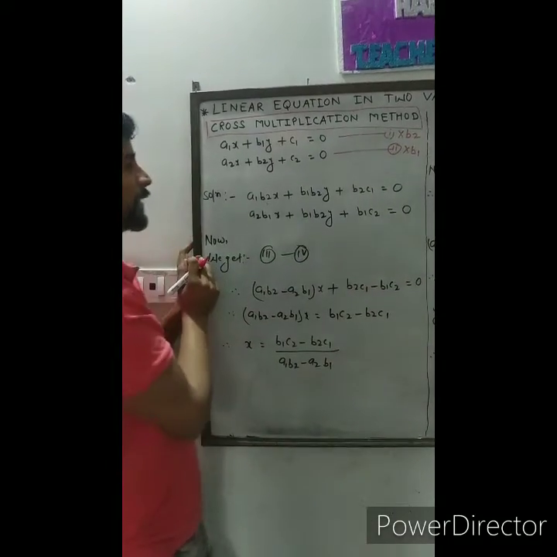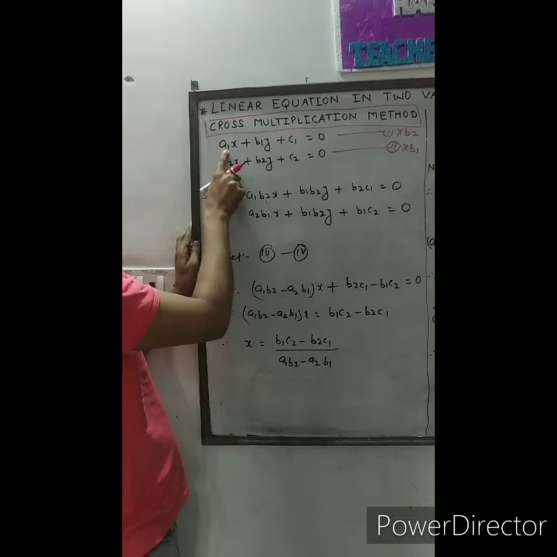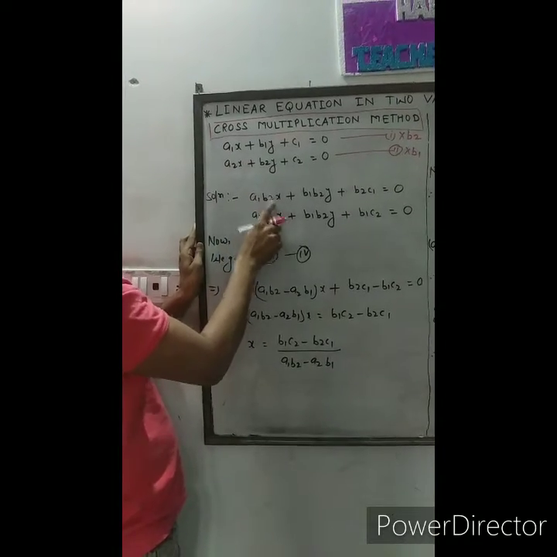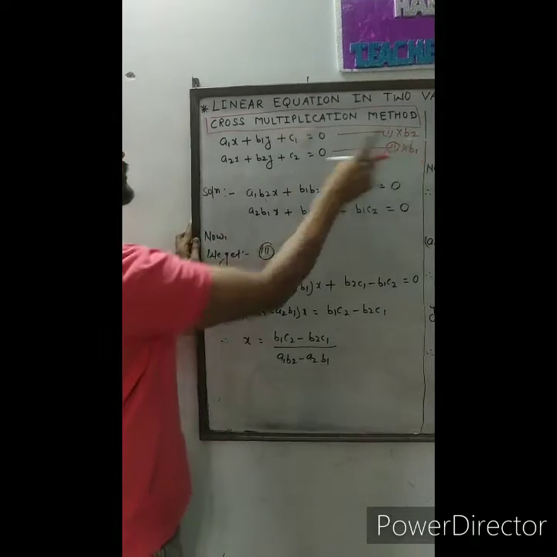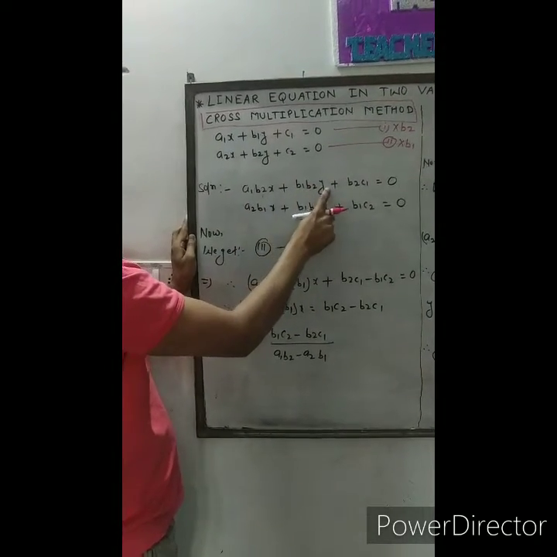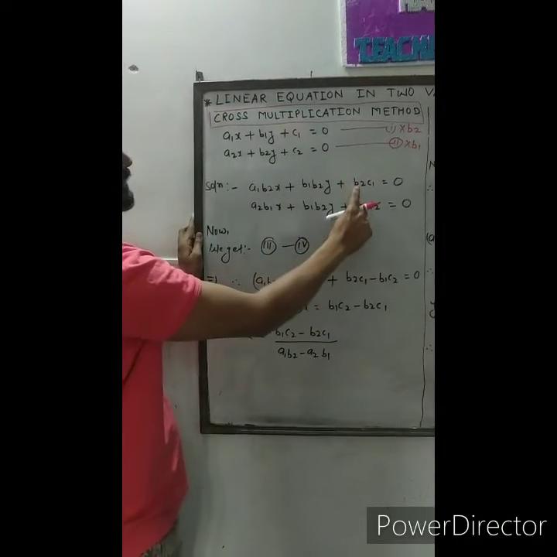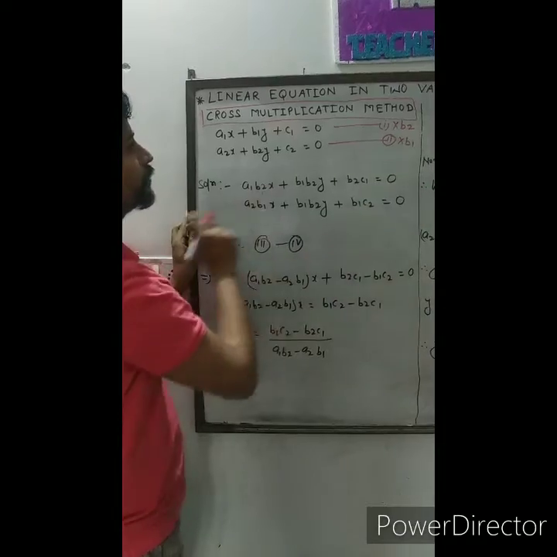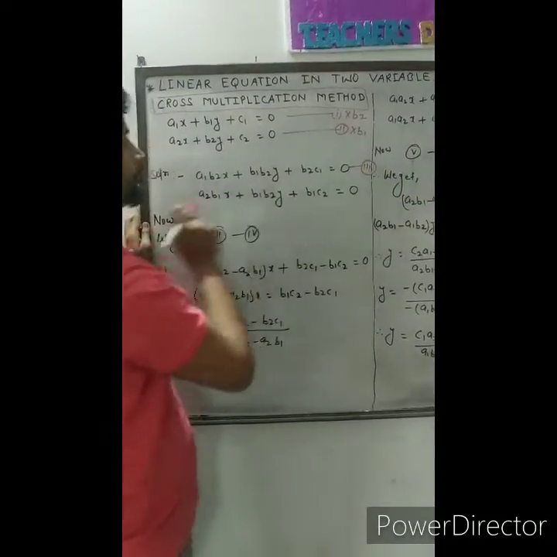Okay, then we can write here b1 into a1. It is a1 b2 x plus here b2 into b1 into y, so it is b1 b2 y plus b2 into c1, so it is b2 c1 is equal to 0. Suppose this is equation third.